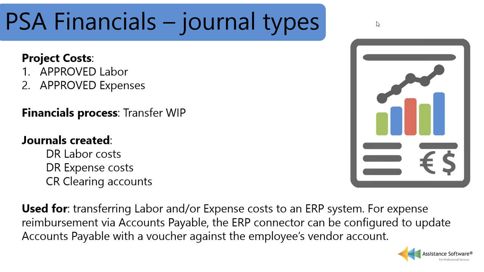And the journal is created if you do want to transfer these costs. This is an example, which would be to debit your labor costs, debit your expenses, and credit your clearing accounts. The clearing account would be offset by any external payroll provider journal that is introduced into your financials account.